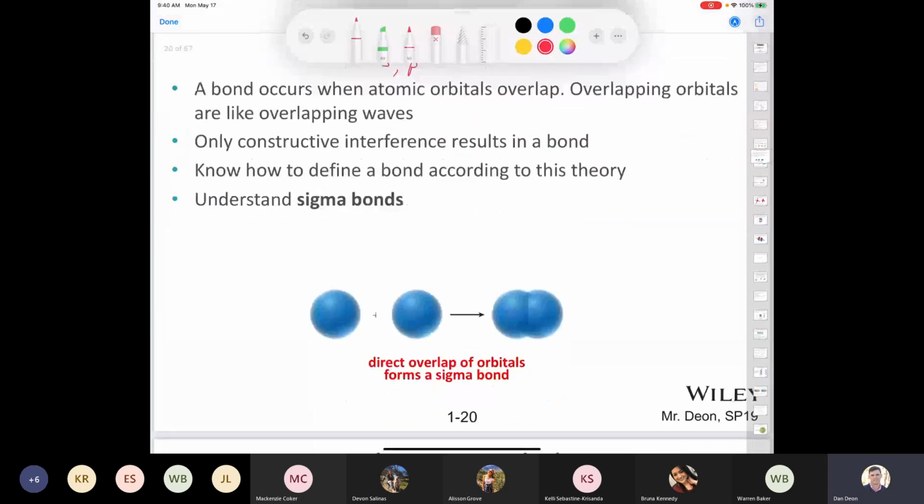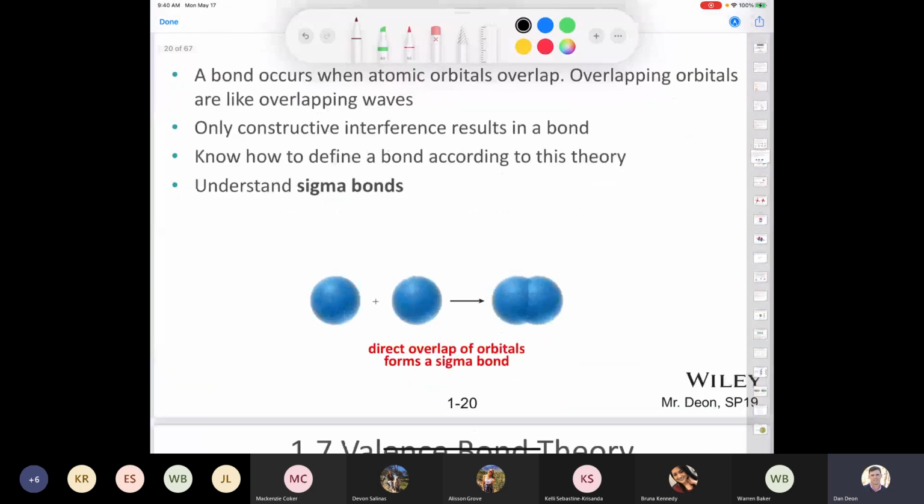So let's take a look at a sigma bond, for example. If we have a hydrogen atom, right? Everybody here should know that a hydrogen atom has an electron configuration, which is 1s1. If I drew a Lewis dot symbol of hydrogen, it would just look like this, a hydrogen with a single dot. If I drew another hydrogen atom, it looks like this, a hydrogen with a single dot.